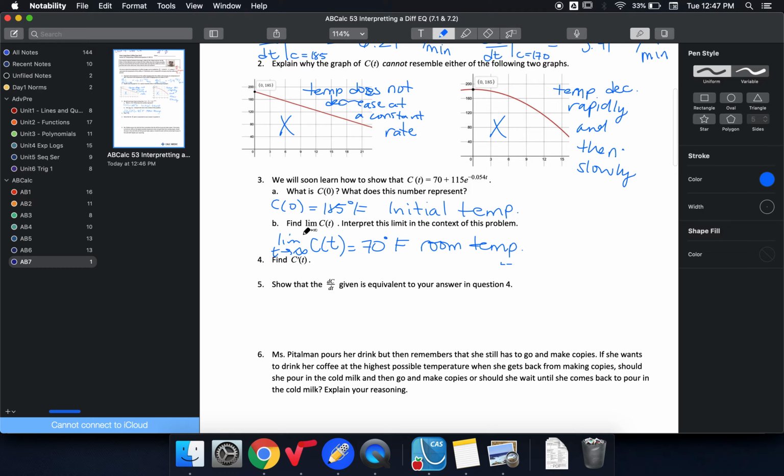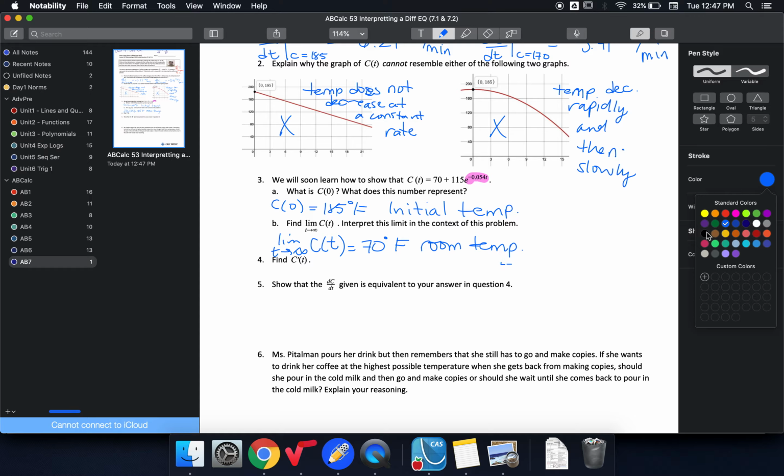If I take the limit as t goes to infinity, well, as t goes to infinity, this quantity here, the e to the negative 0.054t, is going to get smaller and smaller and approach 0. So then my limit as t goes to infinity of this function is just going to be 70, which would be the room temperature.